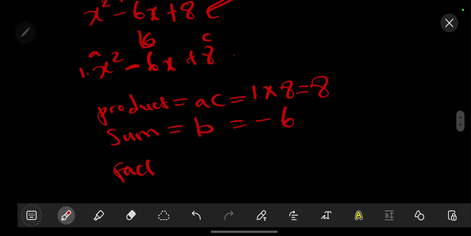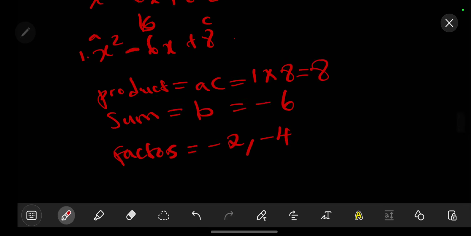Then we have our factors. So our factors is two numbers which when we add, they are going to give us negative 6. We multiply, they are going to give us 8. So these two numbers are our negative 2 and our negative 4. So these two numbers, we are going to use them.